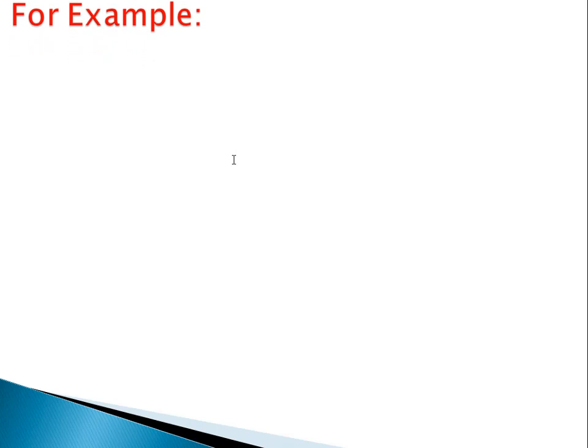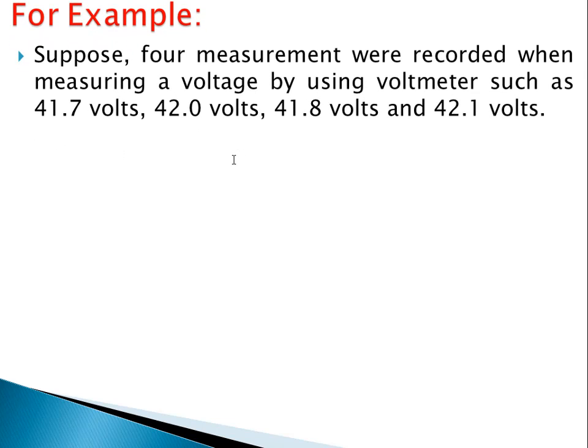For example, suppose 4 measurements were recorded when measuring a voltage by using a voltmeter, such as 41.7 volts, 42.0 volts, 41.8 volts and 42.1 volts.